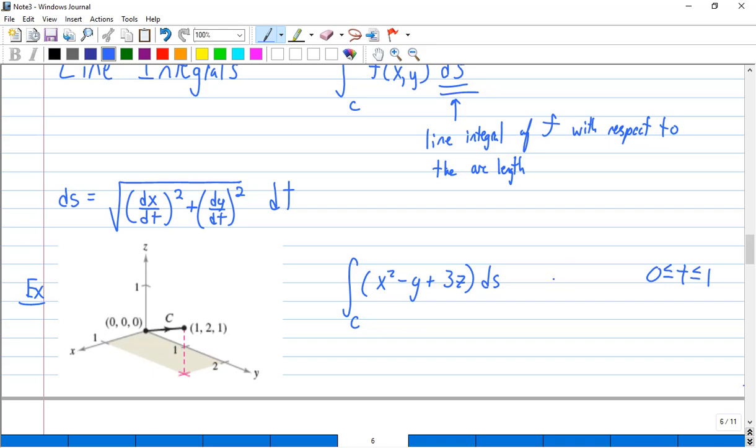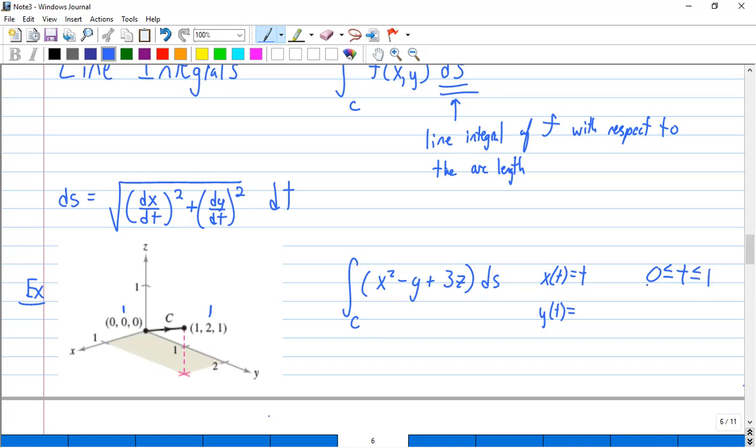All right, so x of t is equal to, when I plug in a 0, I want to get out a 0. When I plug in a 1, I want to get out a 1. So it'd just be t. And then y of t is equal to, when I plug in a 0, I want to get out a 0. When I plug in a 1, I want to get out a 2.